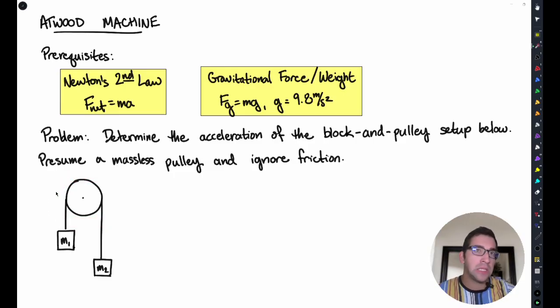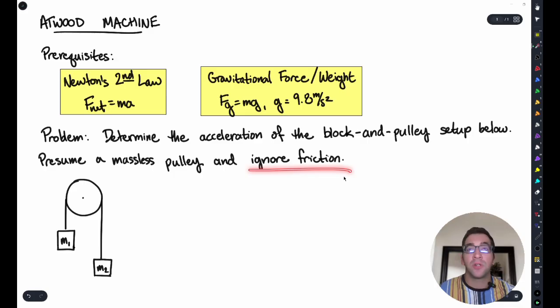Essentially, we won't really consider the pulley itself for the purposes of this problem, but in a more complicated setup that could be incorporated later. And we're going to ignore friction, meaning that we're not going to account for any sort of outside influences affecting what's going on. We want to keep this particular example as simple as possible so that we can really get to the core of what's going on and not make it so complicated by having all of these additional considerations.